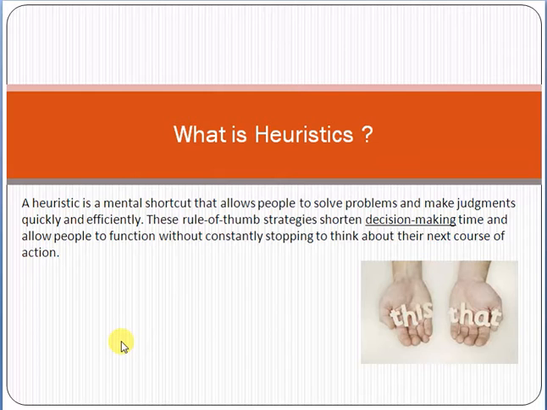For example, when we have less information and we have to take action quickly, we can take the action based on heuristics. Heuristics means, friend, the mental shortcut that allows people to solve problems and make judgments quickly and efficiently.